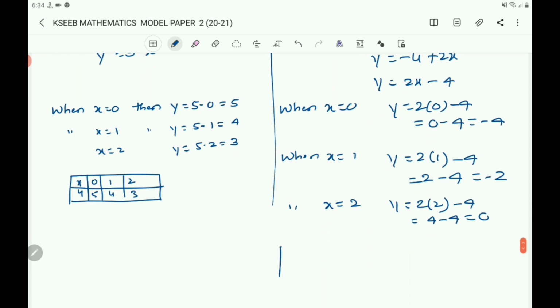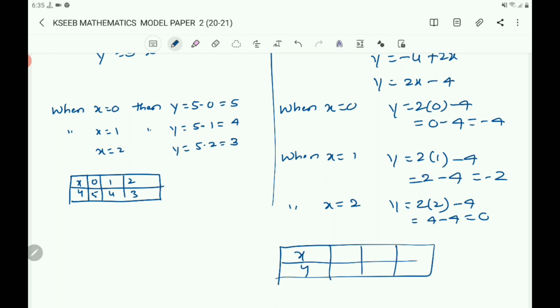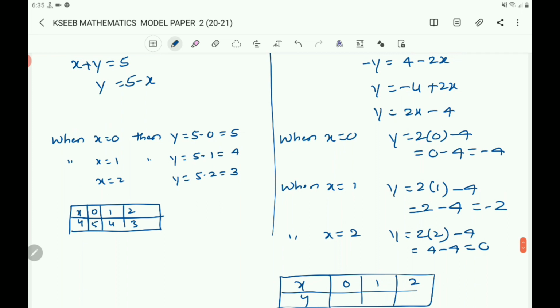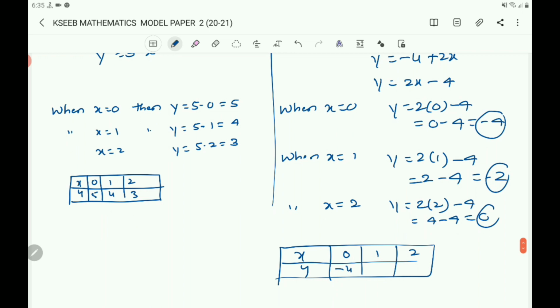Then you write the chart, x, y, 3 values. So you take 0, 1, 2, and the corresponding values are minus 4, minus 2, 0. Here when x equals 0, y equals minus 4. Here when x equals 2, you got 0. The same value you got in the crude method also.